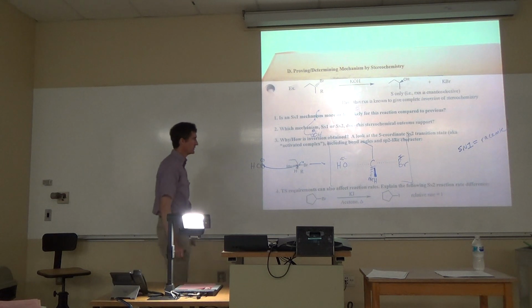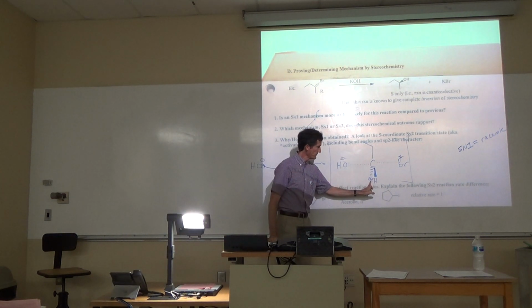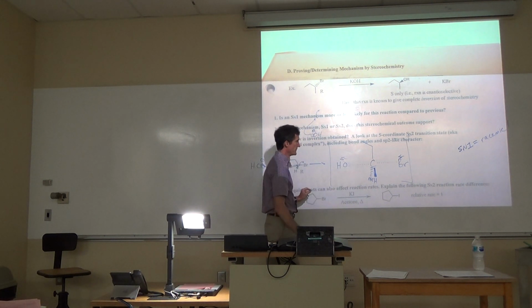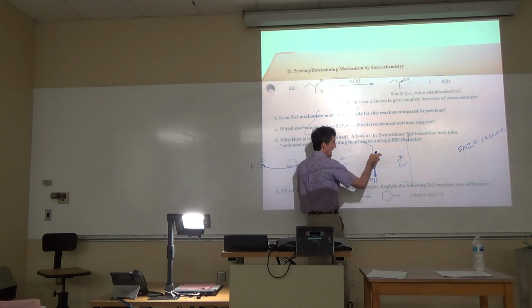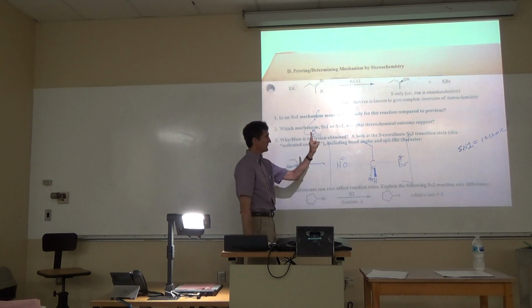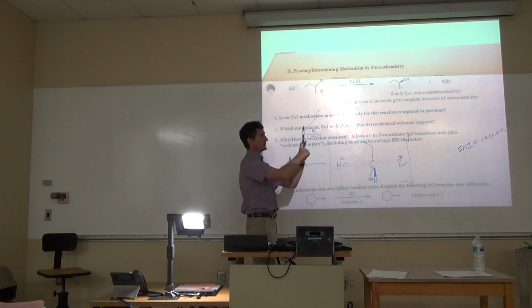Importantly, though, the H and the methyl are supposed to be eclipsing. They're right in front of each other. And of the three bonds around here, one of them I got straight up, the methyl going back, and the H is right in front of it.